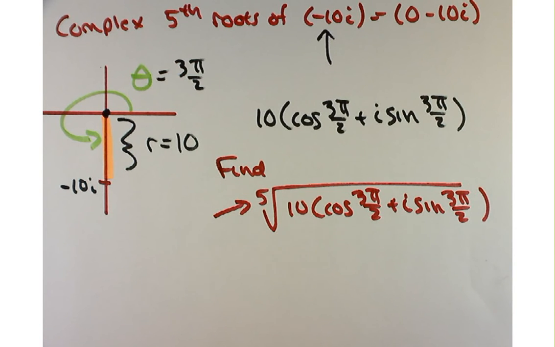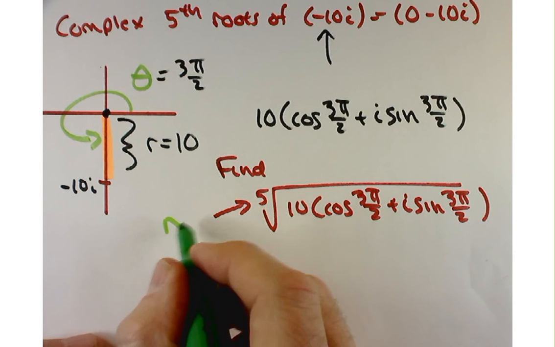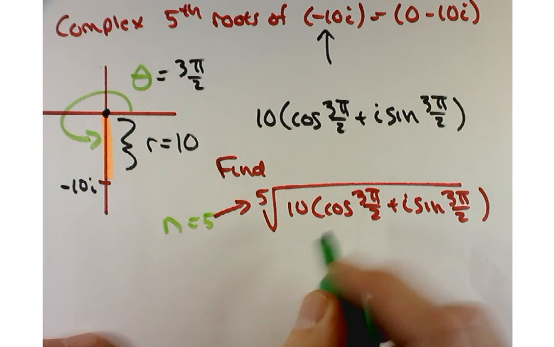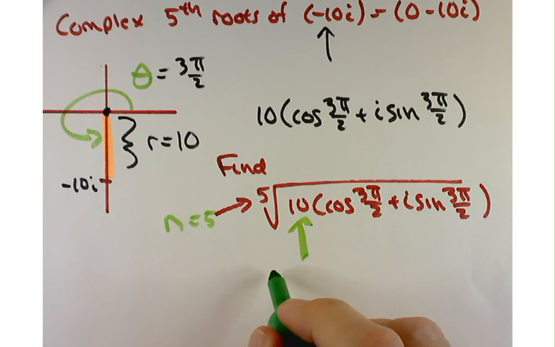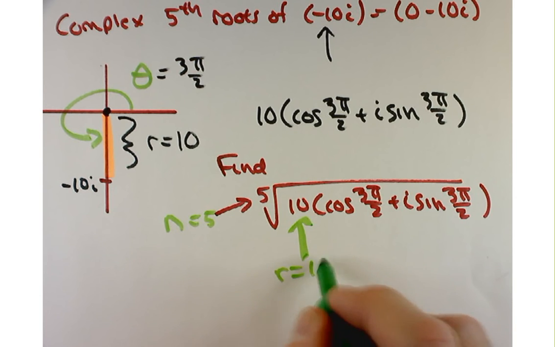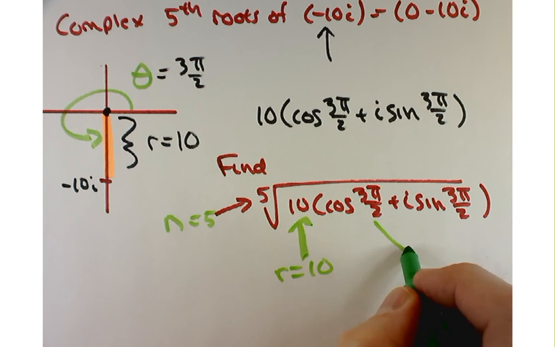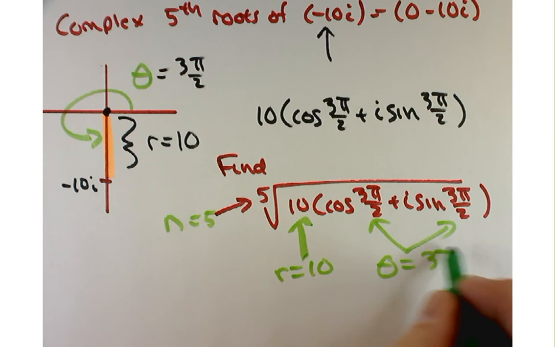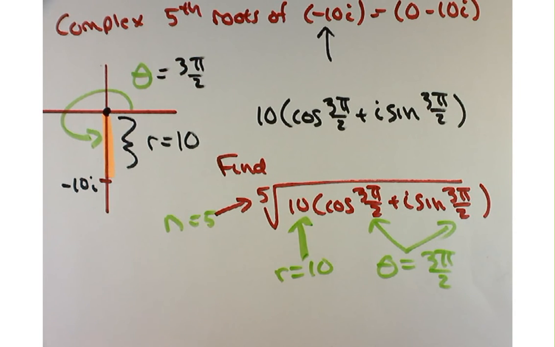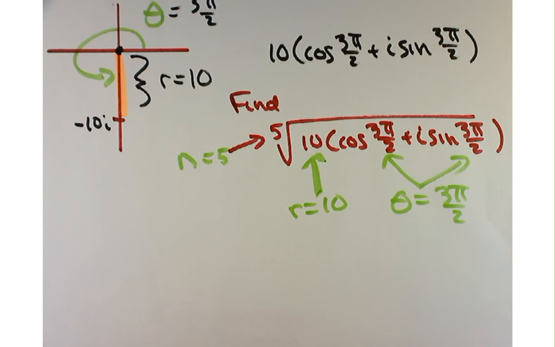Last one, n was 4. Here, n equals 5. That's my r, r is 10, and that is my theta, which is 3 pi over 2. So those are the things that I need to plug into my formula.